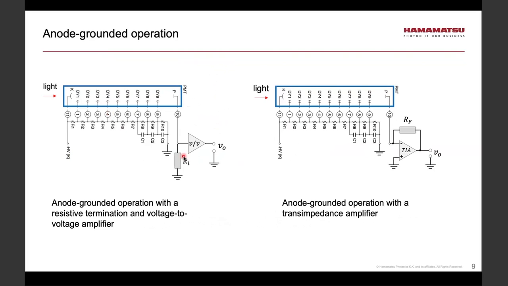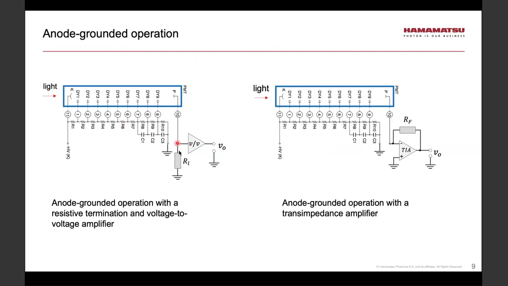There are basically two ways of operating a PMT. One way, which is depicted in both circuits, is known as anode grounded operation. In this scheme, the cathode is at a very high negative potential, and the potential then increases as we move towards the anode, and the anode is effectively at the ground.